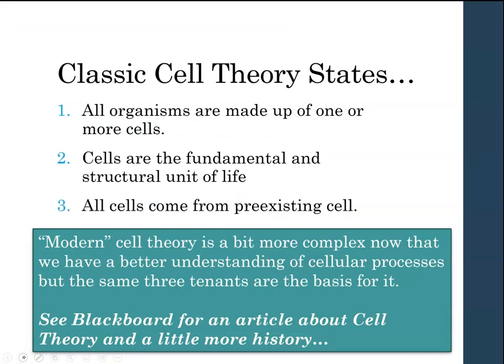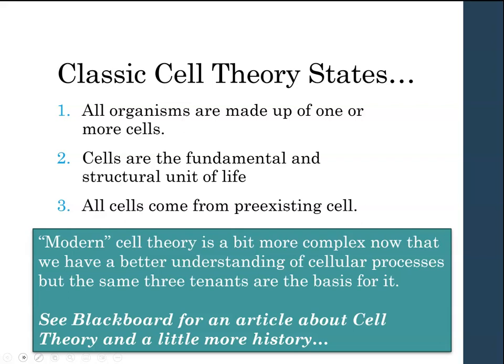So if we take all of this information, Schleiden, Schwann, Virchow, Pasteur, we get what we call the cell theory. And the cell theory helps us to make a definition for what living means.